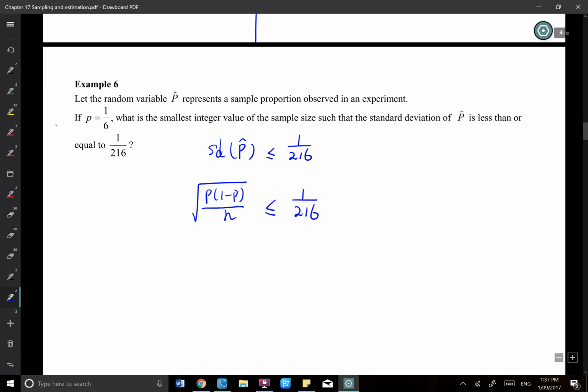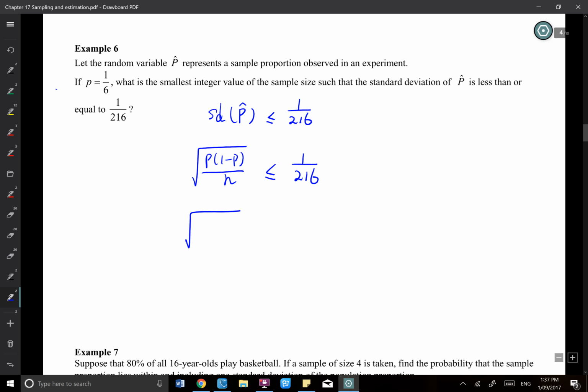Okay, so let's say the square root of 1/6 times 5/6 over n. Let's see, 1 over 6 divided by 6 is 1 over 36. So 6 to the power of 3.